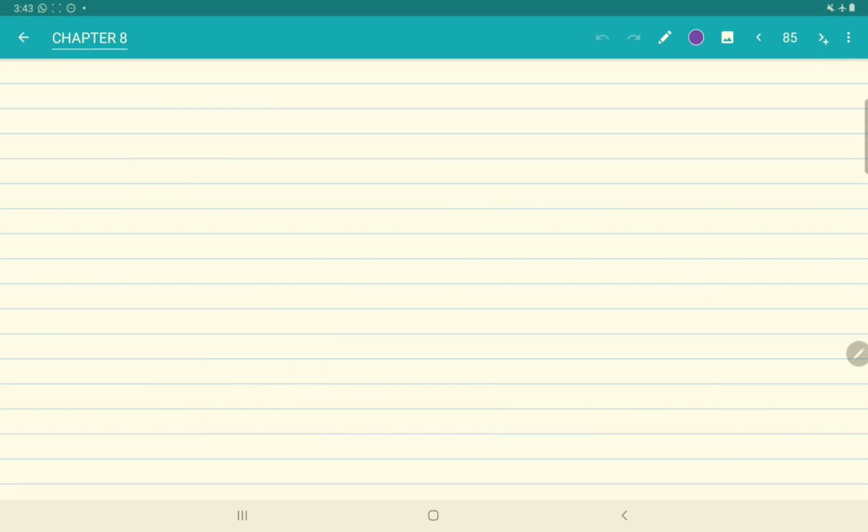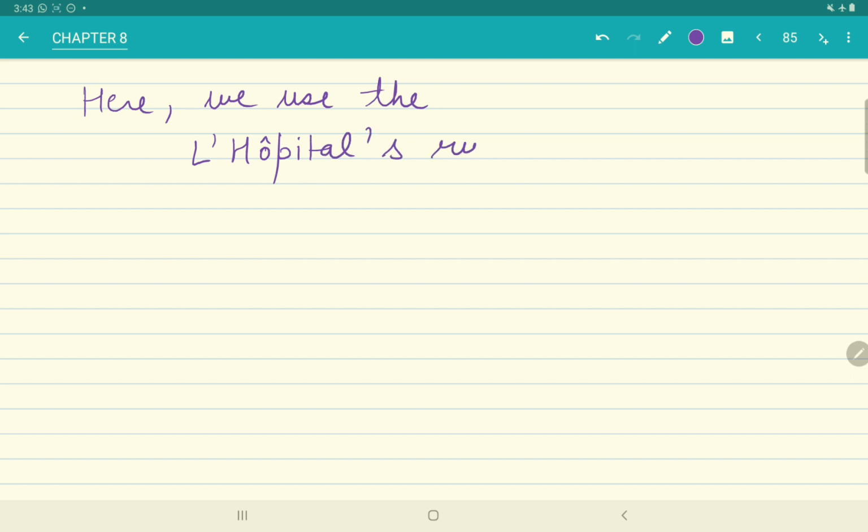For that, we can use L'Hopital's rule for the infinity by infinity case. So I can write that here we use L'Hopital's rule for this case.